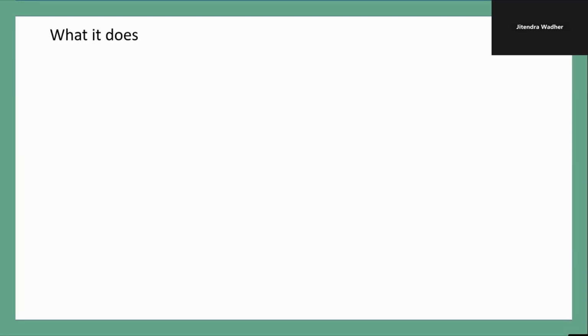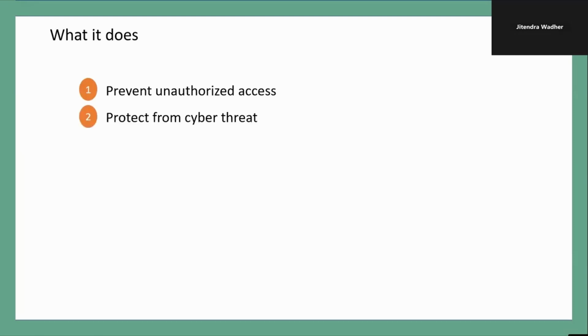So let's look into detail at what endpoint security does. The first is it prevents unauthorized access. Second, it protects from cyber threats. Third, it identifies suspicious activities. So basically it protects from cyber threats by identifying suspicious activities. And once it identifies suspicious activities, it will probably not allow you to make payment transfer, right?